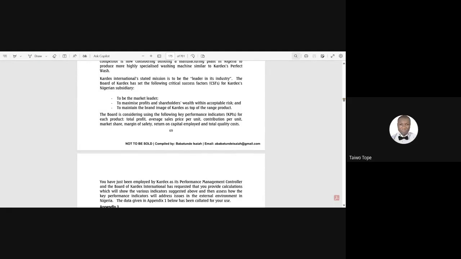As you've invested that 1 million, how much has your profit increased as a result of the introduction of that new machine? So the return the machine is bringing in is a return on capital employed. It is one of the key profitability and efficiency ratios that measures how effectively a business uses its capital to generate profit.